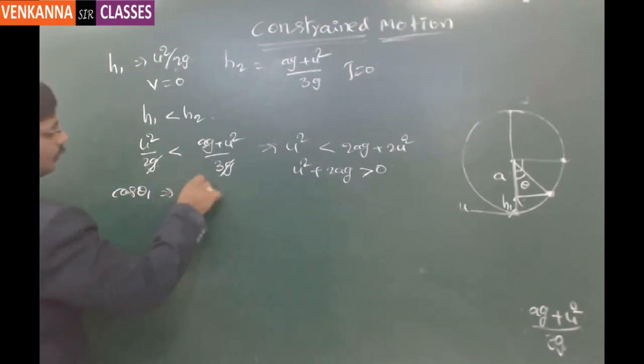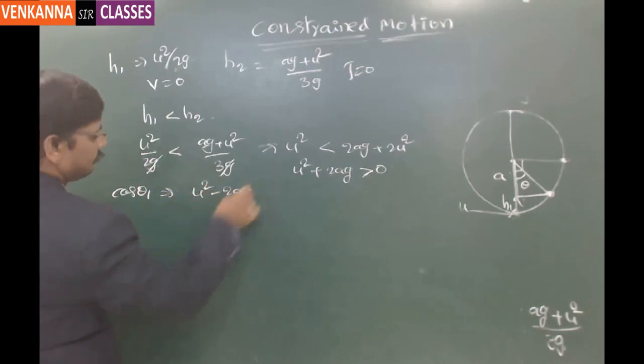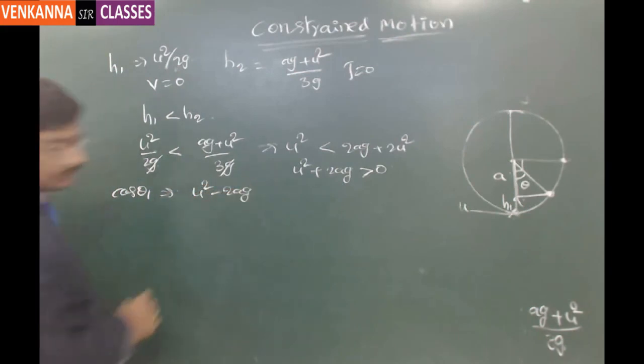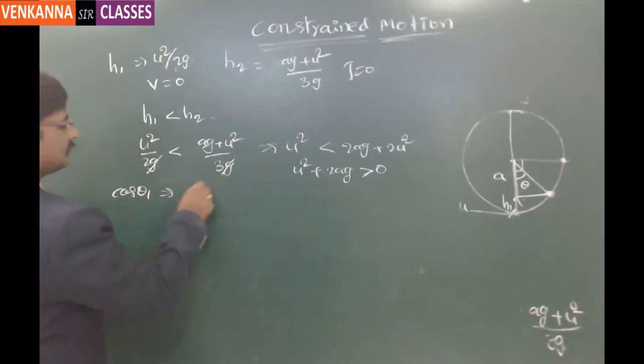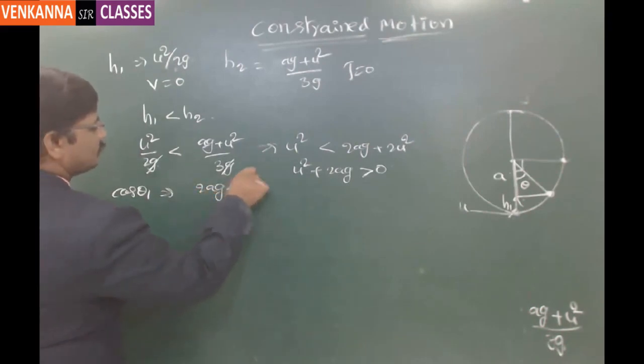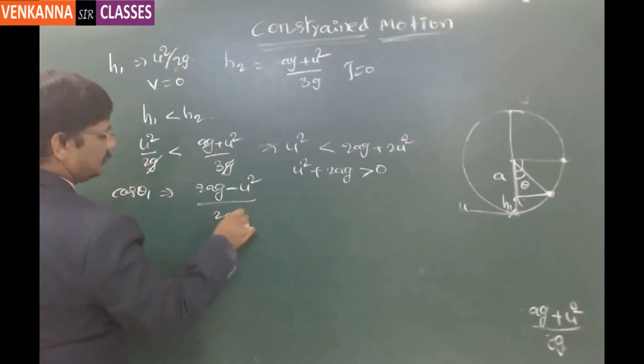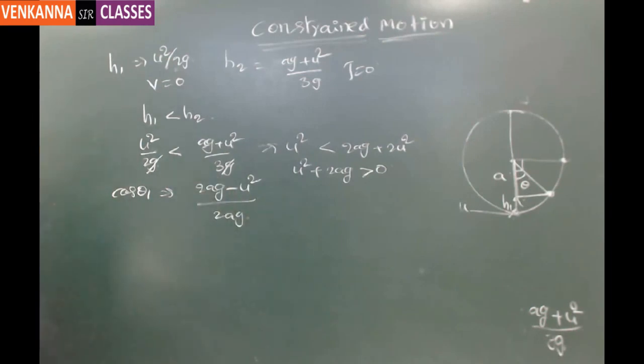So if this is the case, and we have got the values of cos theta 1, what is the value of cos theta? 2ag minus u square by 2ag. So this is 2ag minus u square divided by 2ag. Sorry, there is a mistake here.